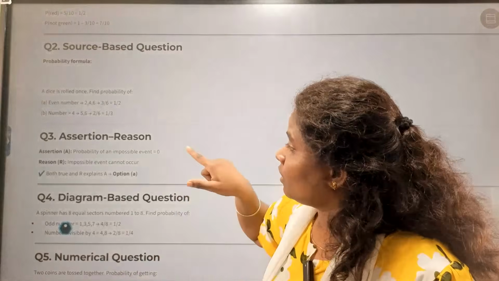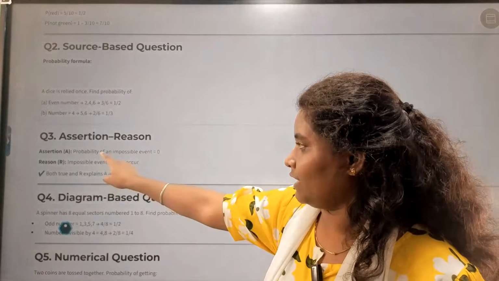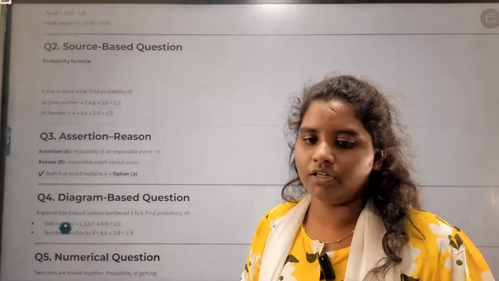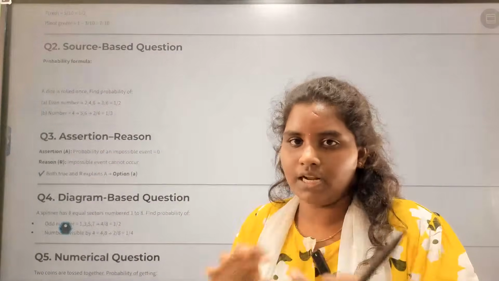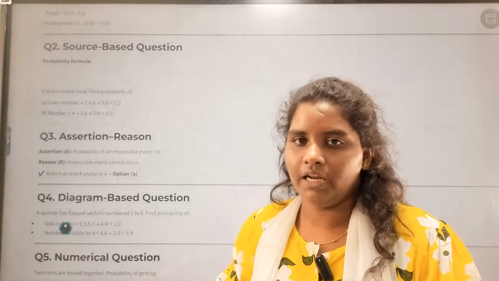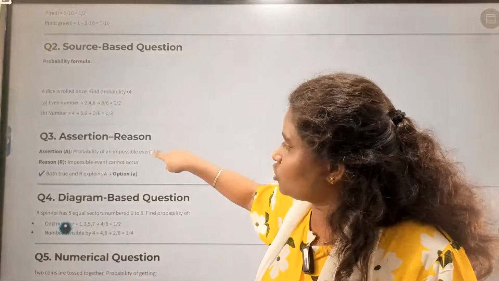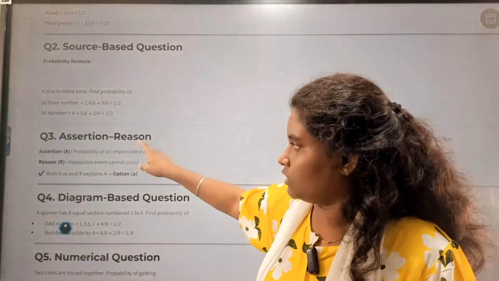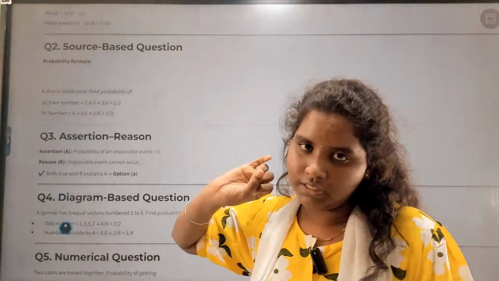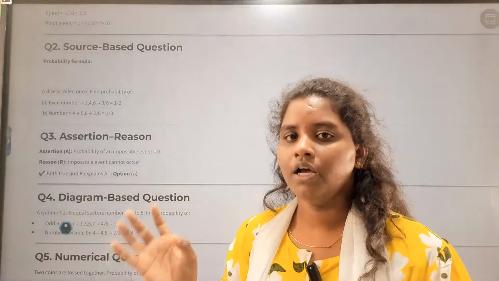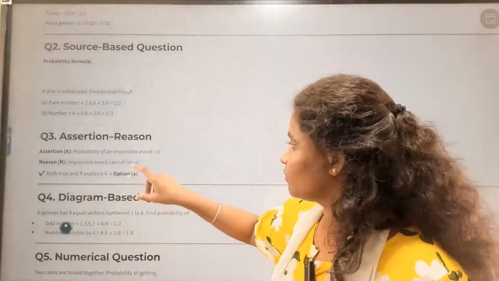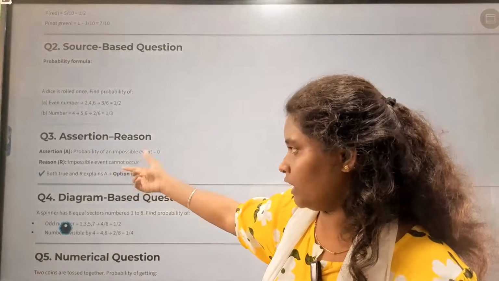And the reason is given as, impossible event cannot occur, right? So there it cannot occur anything. It's equal to 0. So the reason is also right for this assertion. So both the statements are true and it's a right explanation. So option A is right.